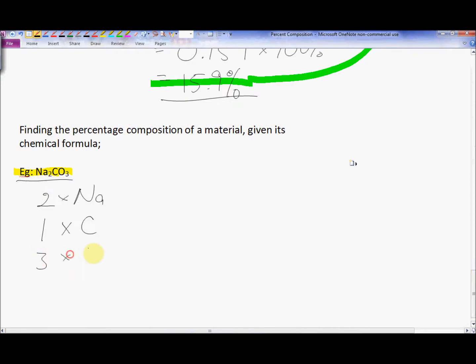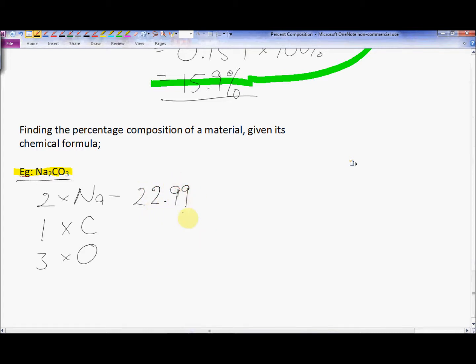Okay, so the molar mass of sodium, if we look it up in the periodic table here, is 22.99. Okay, so I'll just put it in grams per mole, which you're familiar with now.